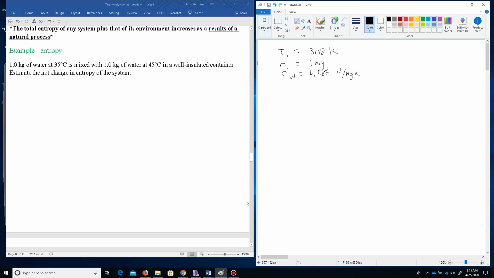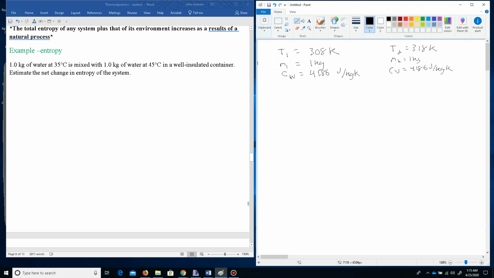We're mixing that with 1 kilogram of water, which is still 4186 joules per kilogram Kelvin, at 45 degrees, so that's 318 Kelvin. In a well-insulated container. We'll estimate the net change of entropy.